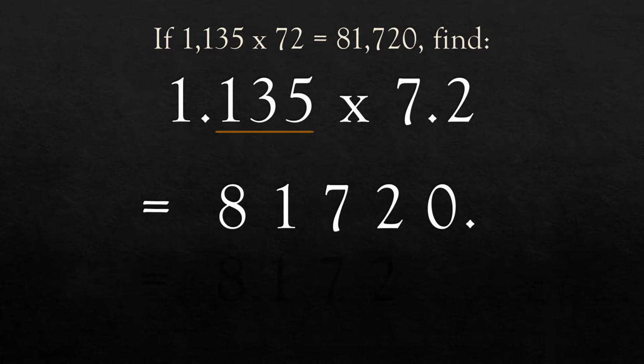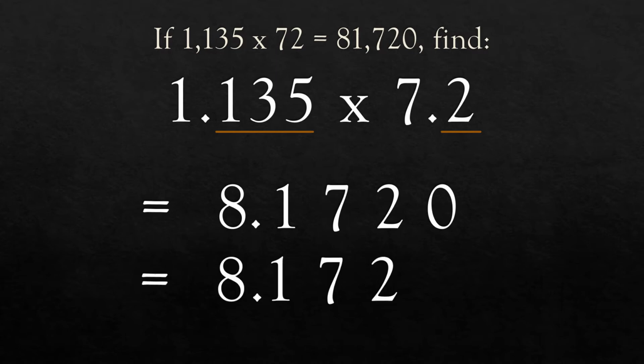Three digits in 1.135 and one digit in 7.2. So the total digits after decimal is 4. So count 4 digits from the right, 1, 2, 3, 4, and place decimal in the product. So the answer is 8.1720. That is 8.172.